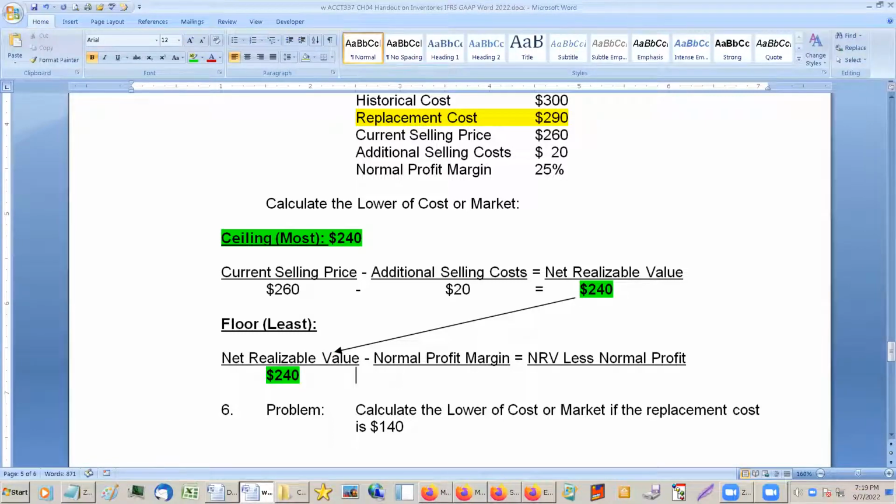Minus our normal profit margin. Now, our profit margin is 25%.